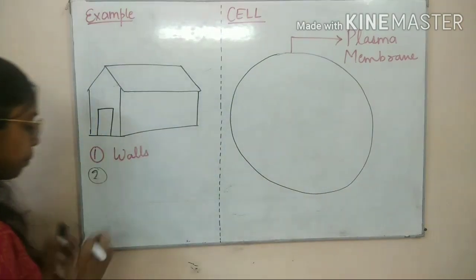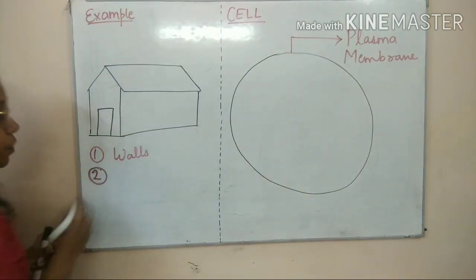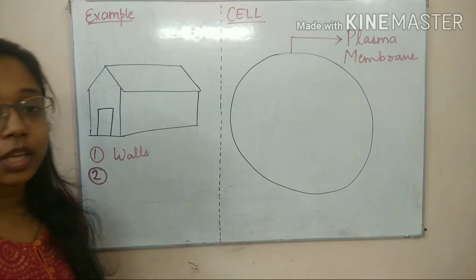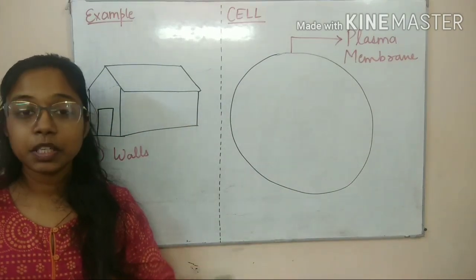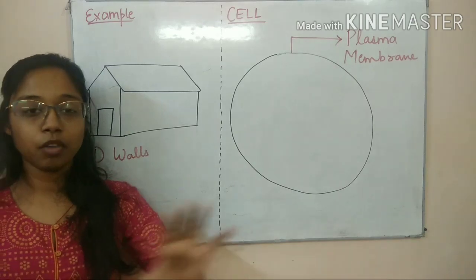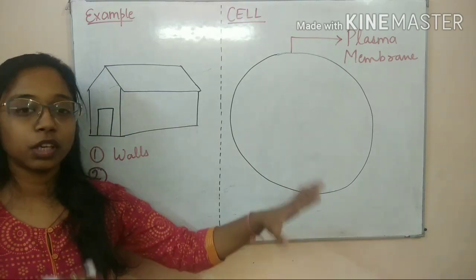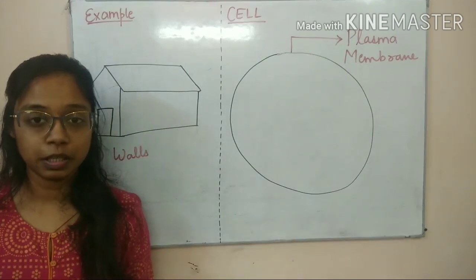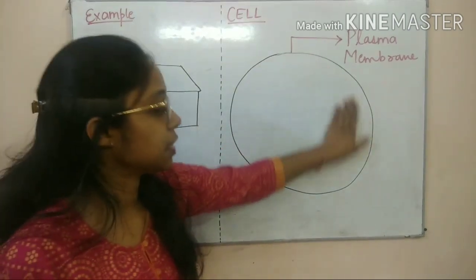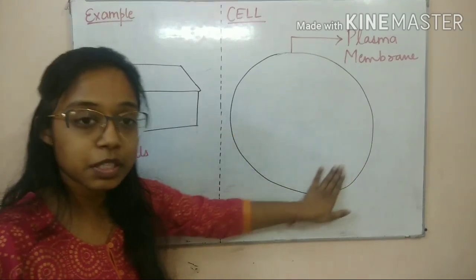Now second, inside our home there is a lot of empty space. Somewhere we keep our furniture, at some places we keep our other essentials, and there is a lot of empty space basically. Similarly, in a cell there is a lot of empty space.